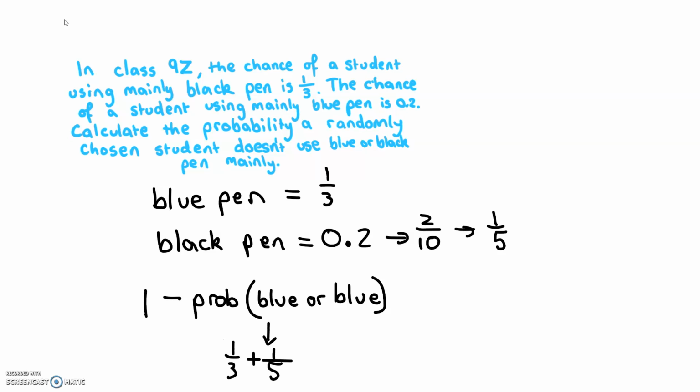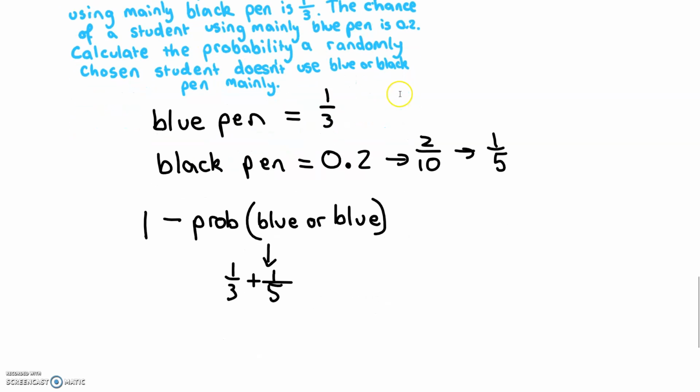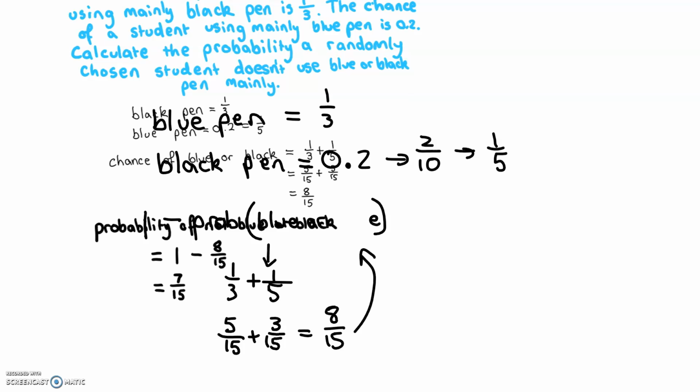And to add those two fractions together, we need to convert the denominators. So we're going to multiply both of these by 5. So we get 5/15. And we're going to multiply both of these by 3 to get 3/15. And so in total, we get an 8/15 chance that it is black or blue.